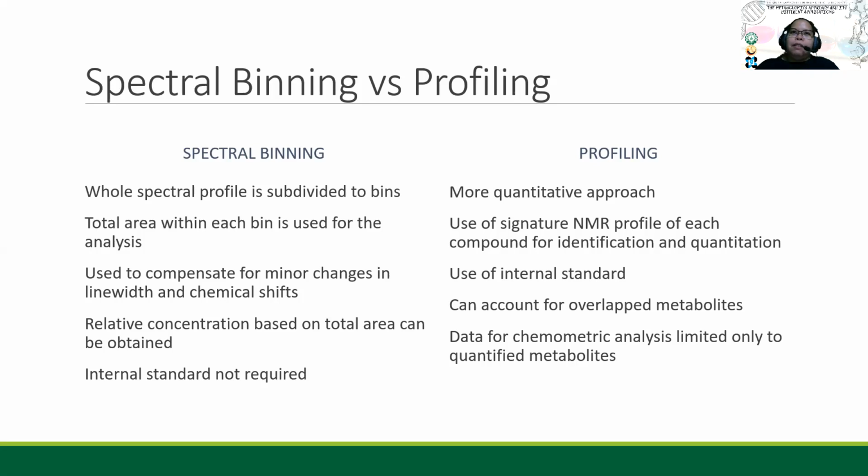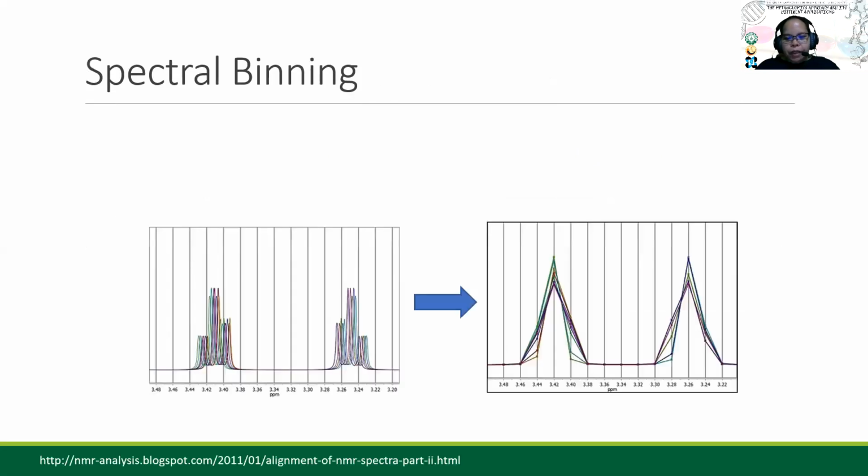So if you only quantify 20 metabolites, your whole chemometric analysis will be based only on those 20 metabolites. Whereas if you make use of spectral binning, your chemometric analysis will be for the whole range of whatever components are present that have signal in the spectra.